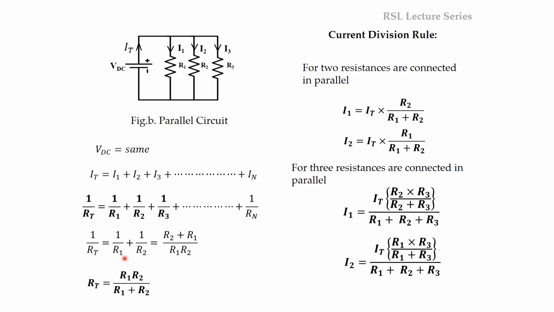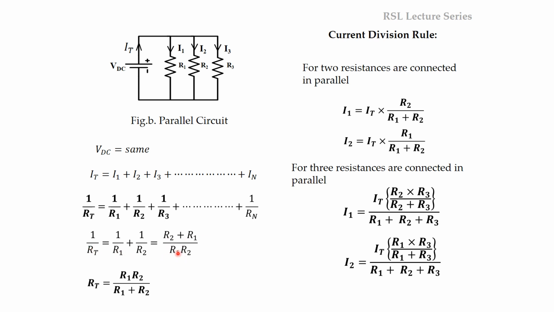If we take R1 R2 as a common denominator, in the numerator we have R2 plus R1. On the left hand side we have 1 by RT, and on the right hand side we have R1 plus R2 or R2 plus R1 divided by R1 R2.